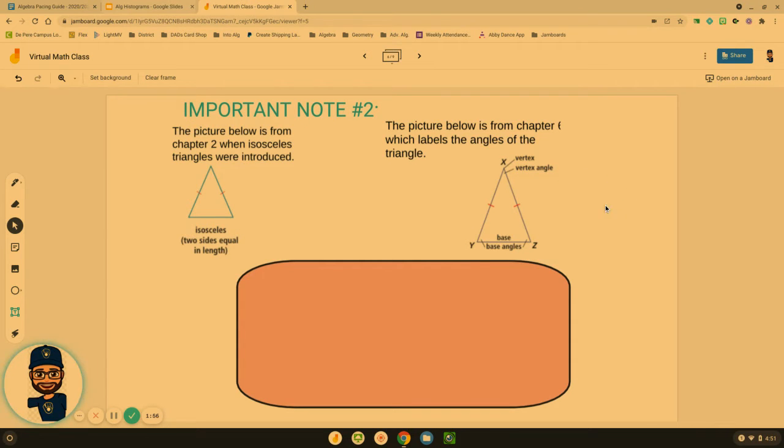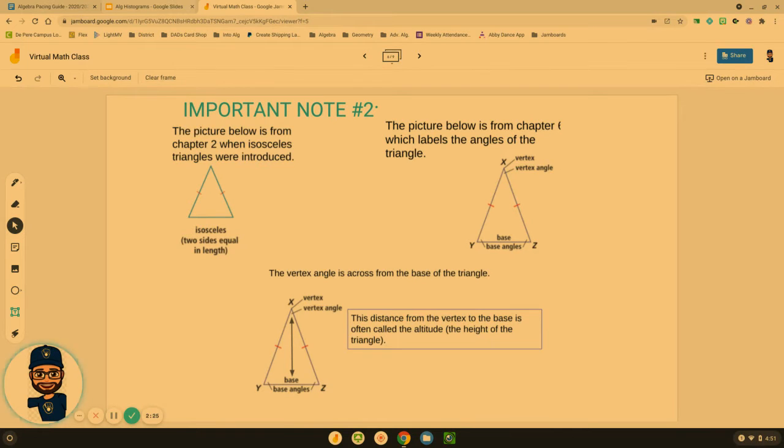Then if we follow back down to the other side of the triangle, we have two other angles that we're going to call the base angles, because the side opposite the vertex is called the base. So if the vertex was up here, because the two sides met up top, the base is opposite that, meaning the two base angles are down here. I would make sure you have that picture drawn somewhere.